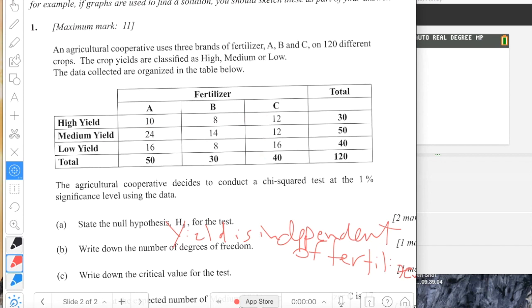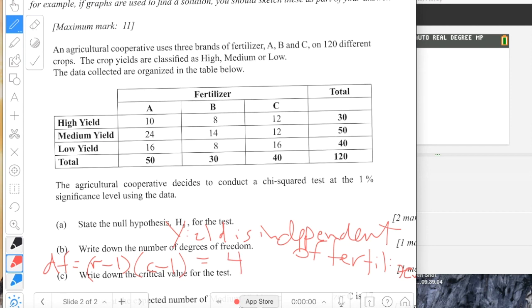So the maximum that you can move in the matrix is the degrees of freedom, and that calculation is a simple one: rows minus 1 times columns minus 1. Okay, and that's degrees of freedom. The calculator will also give it to you in your chi-squared calculation. So we got 3 minus 1 times 3 minus 1, that's 4, like I said it would be.